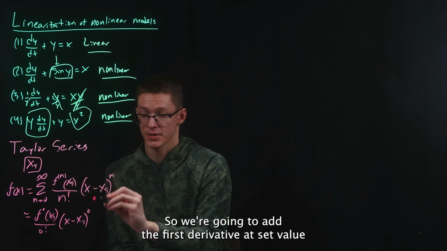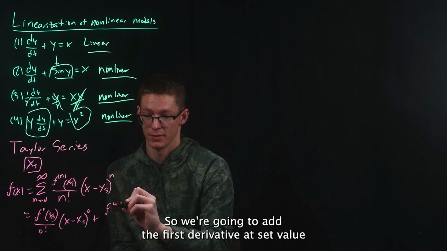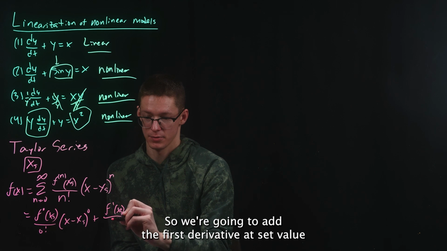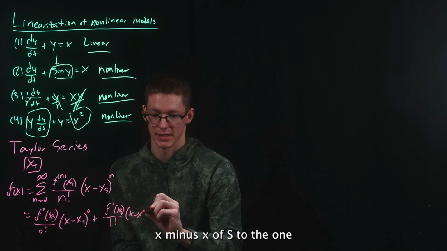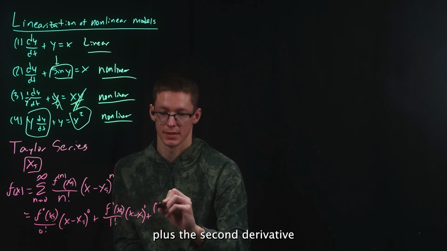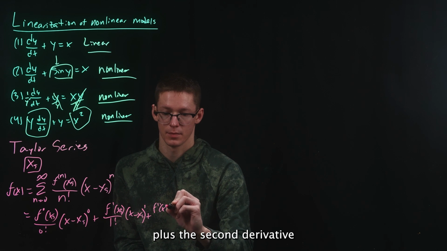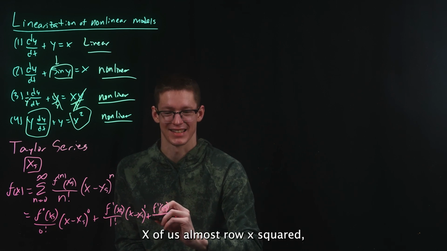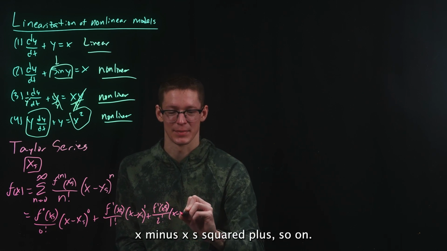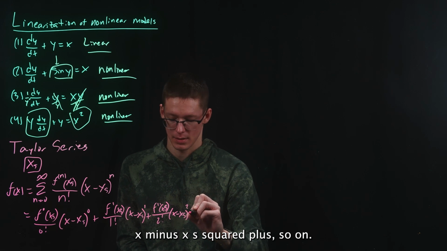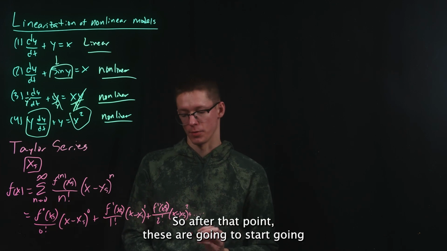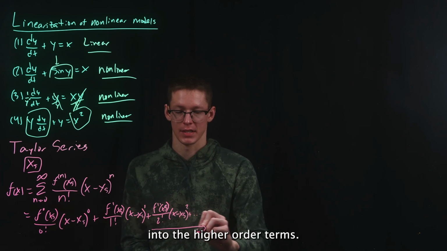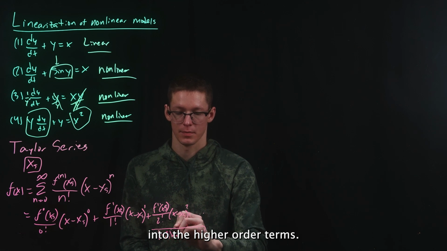It's a summation term, so we're going to add the first derivative at set value x minus x of s to the 1, plus the second derivative at x of s over 2 factorial, x minus xs squared, plus so on. After that point, these are going to start going into the higher order terms.